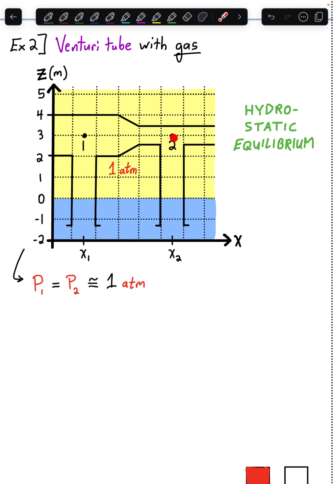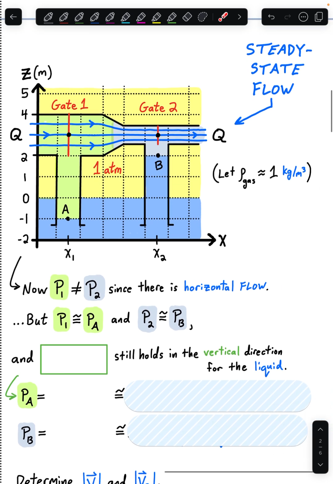Likewise, over here at point 2 or below point 2, if the pressure at point 2 drops, then that should allow the water in this column to rise up higher. So we're expecting these two columns to change in height once we start pumping gas through the tube. And our situation should then look like this.